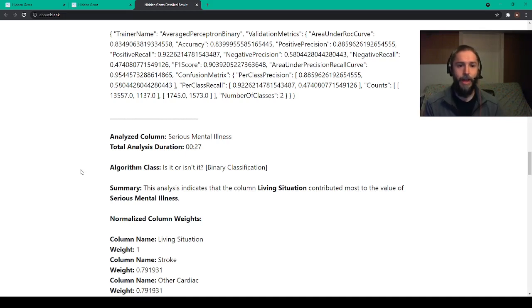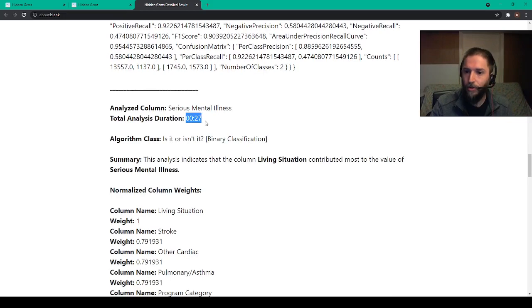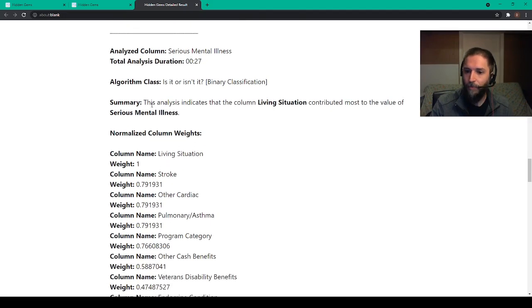I found that that is more accurate with a known good result, so I believe it'll be more accurate with an unknown result. What we see here is that it ran a second time and took 27 seconds. It came to the same conclusion, and the weights were very similar. Living situation had a 0 to 1 scale weight of 1. Stroke had a weight of 0.79.